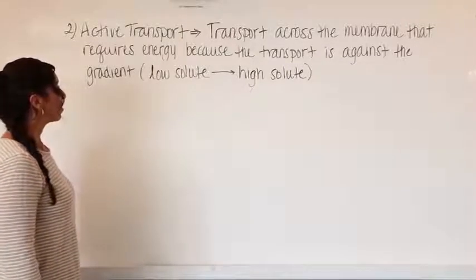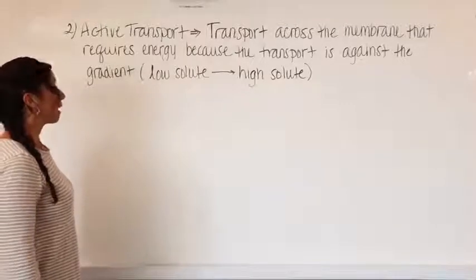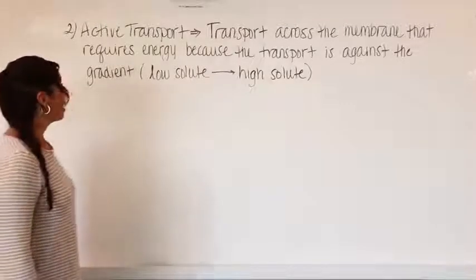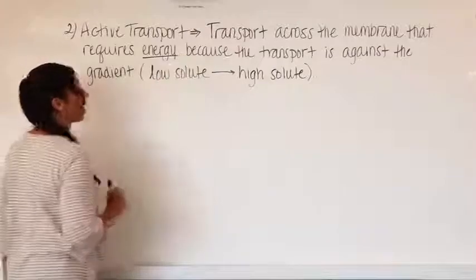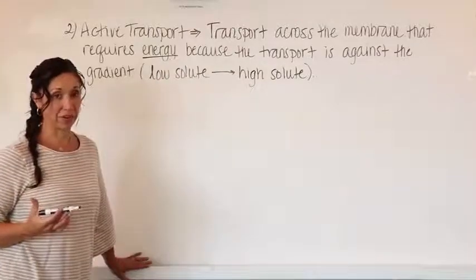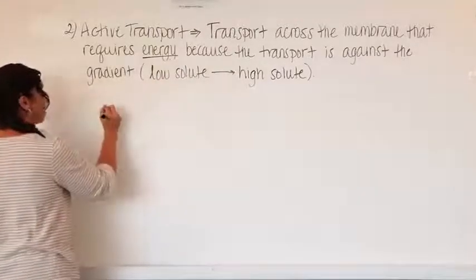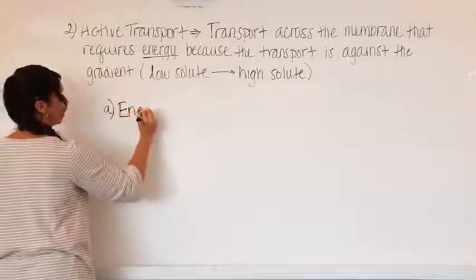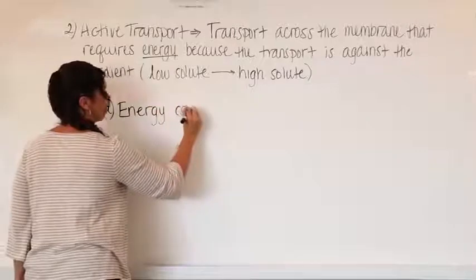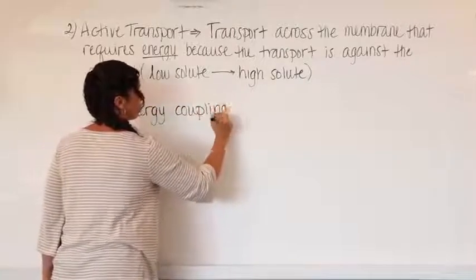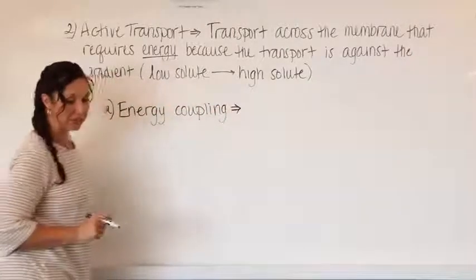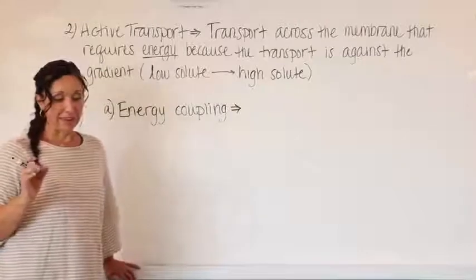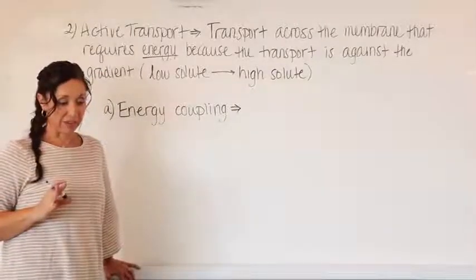So before we get into the different types, or one great example of active transport, we need to talk about the energy, how we get our energy. The one thing we need to know is a term called energy coupling. Energy coupling is the process by which cells manage their energy expenditure.